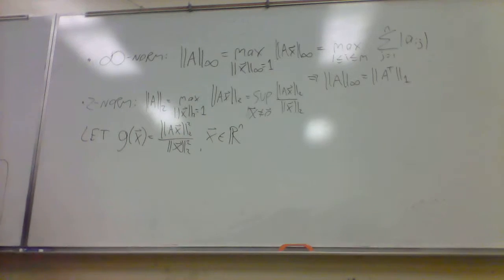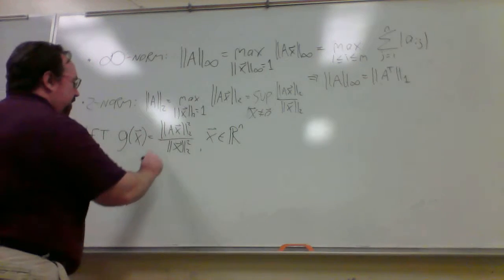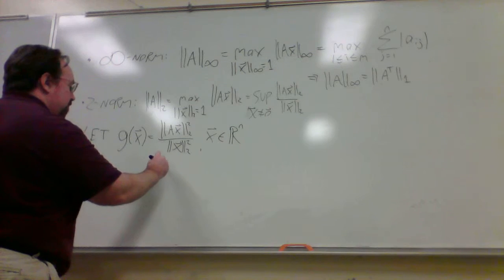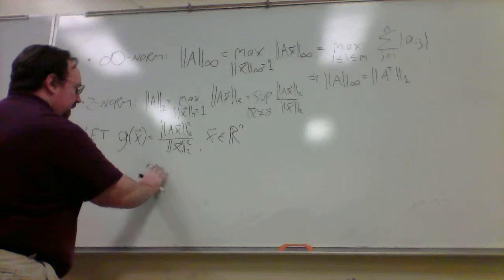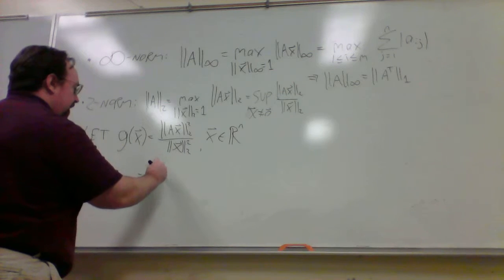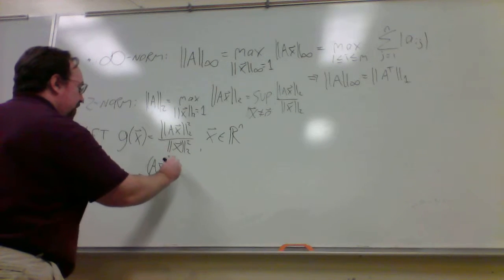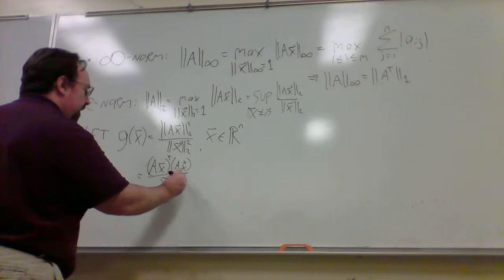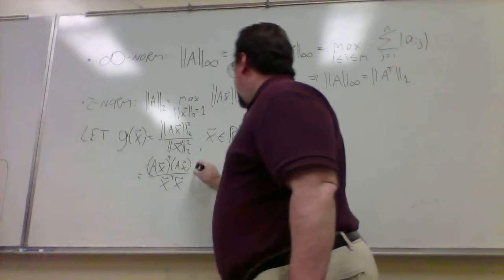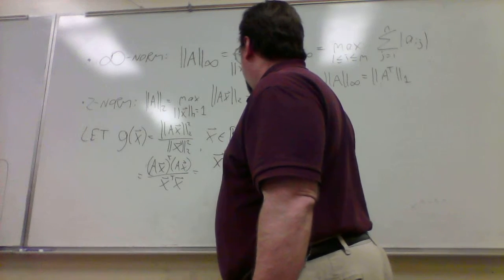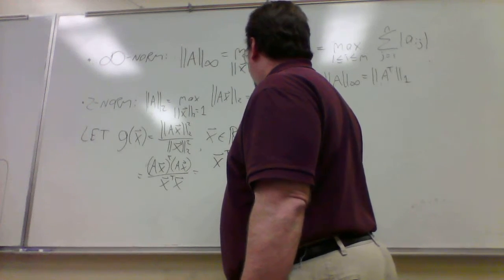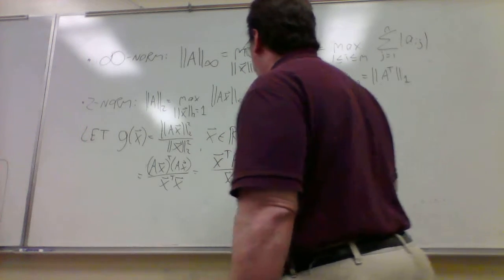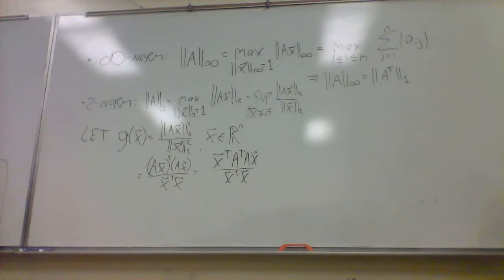Now, when you have a 2 norm squared, that's the same as the dot product of a vector with itself. So I have (Ax) transpose Ax over x transpose x, which I can write as x transpose A transpose A x over x transpose x, using the properties of transpose.